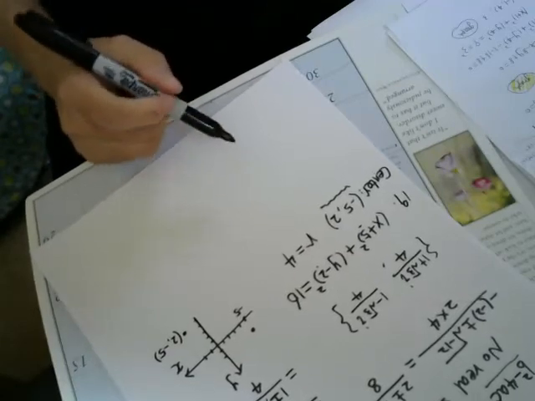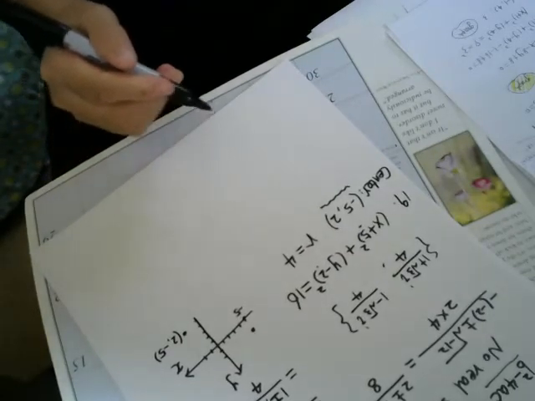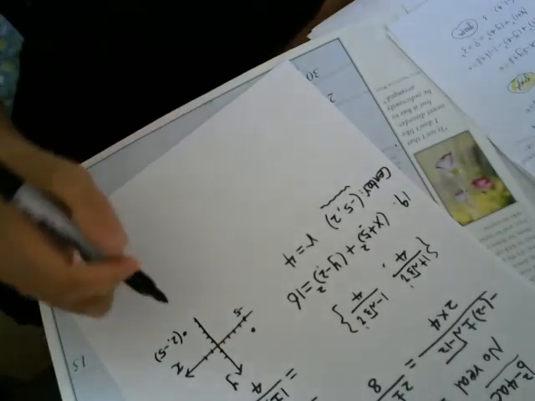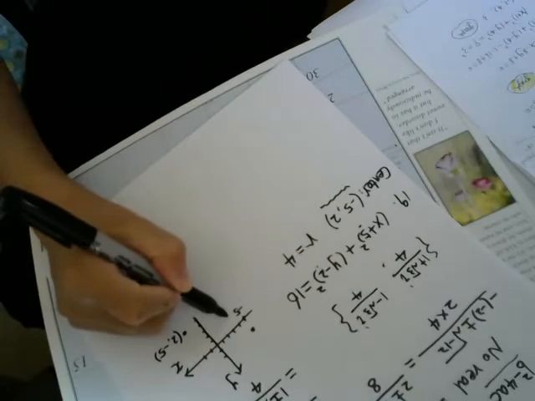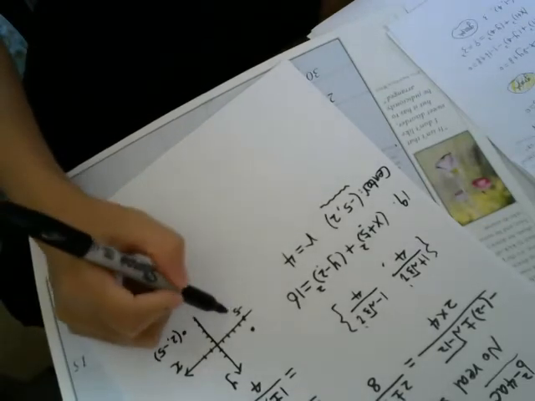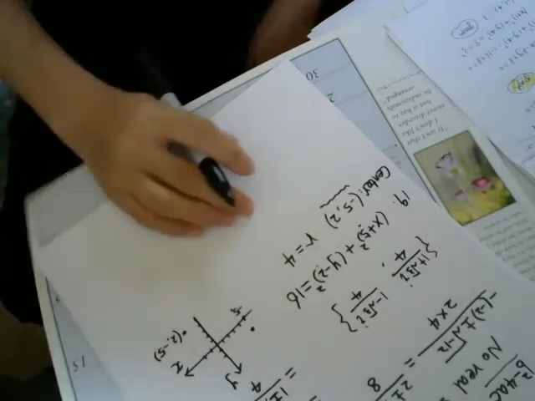Another mistake students made was here, negative 5 and negative 2. One student made a mistake here.